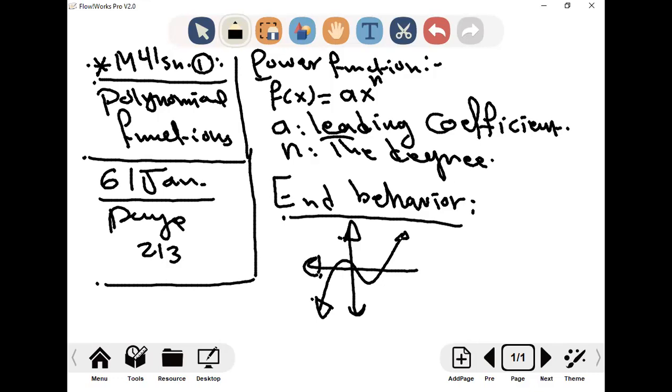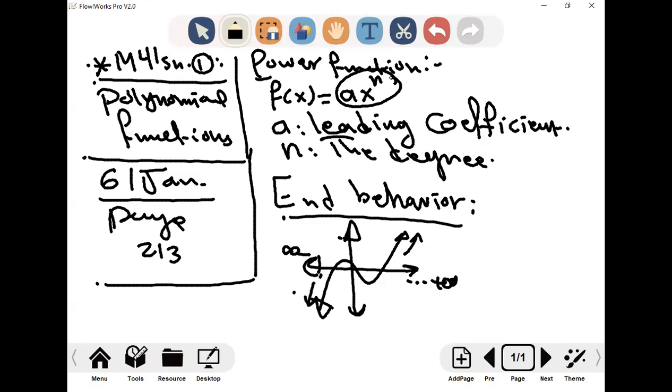End behavior means as x goes to infinity, what happens to the function? This is what we call end behavior. As x goes to negative infinity, what happens to the function? This is also end behavior. Now for ax power n, we'll talk about the end behavior with cases.